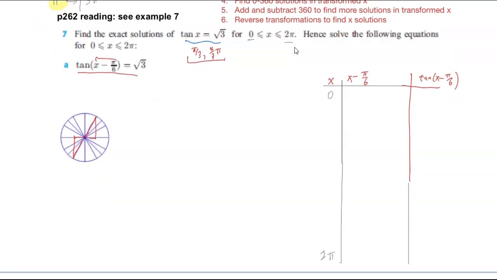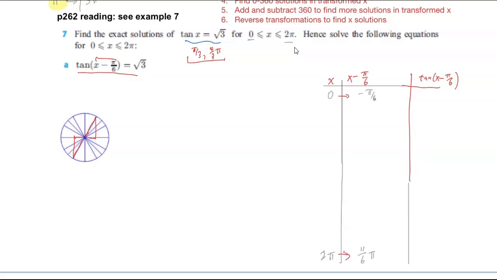So we already have our values. One thing I forgot to do is I forgot to find the transformed boundaries, okay? So 0 transforms to negative pi over 6, and then 2 pi, which is equivalent to 12/6 pi, is transformed to 11/6 pi. So 12/6 pi becomes 11/6 pi, okay?